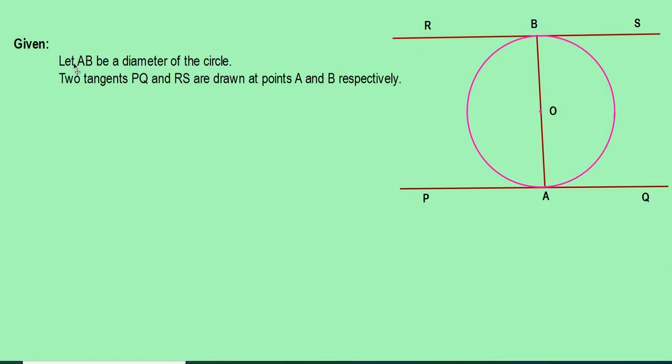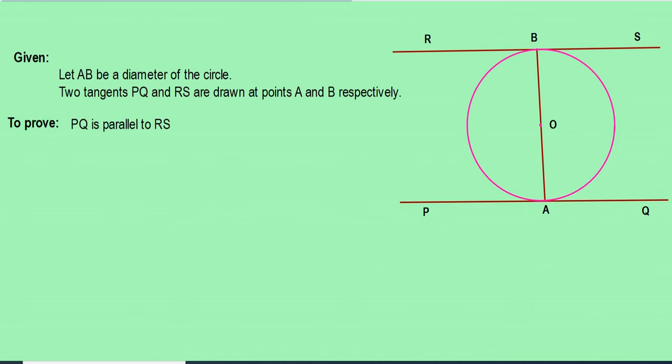Here we are given that AB is the diameter of a circle, and PQ and RS are tangents drawn at the points A and B respectively. We have to prove PQ is parallel to RS.